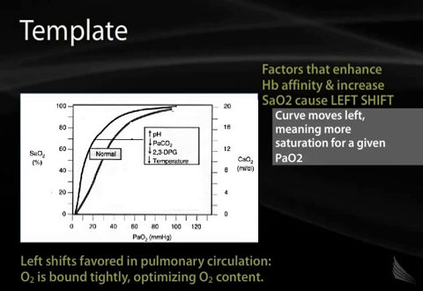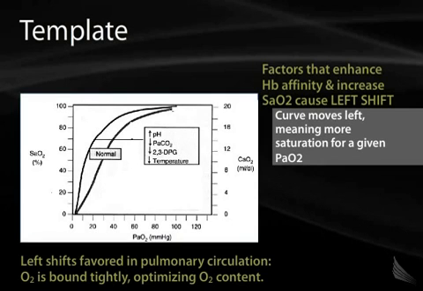There's a lot of talk about what can shift this oxygen-hemoglobin dissociation curve to the left or to the right. Let's talk about some of those factors. Things that would shift this curve to the left would promote more oxygen being bound to hemoglobin for any given PaO2.